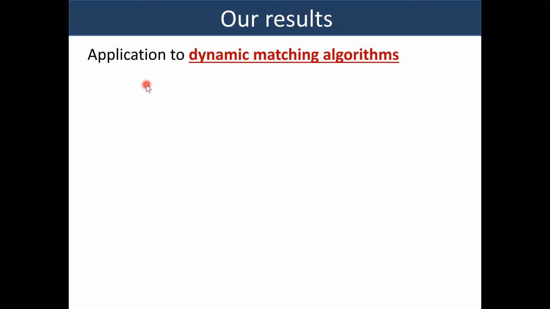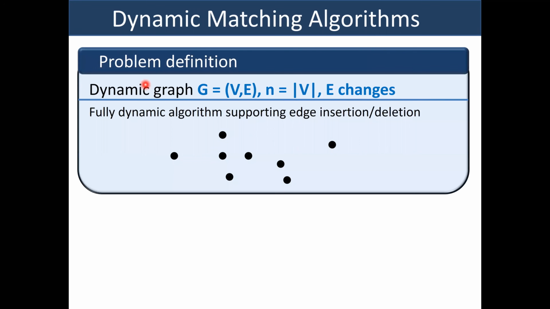Now we'll see an application of these gradual transformation theorems to the area of dynamic matching algorithms. So first, a quick recap on dynamic matching algorithms. Let's assume for simplicity that we have n fixed vertices, but the edges come and go.